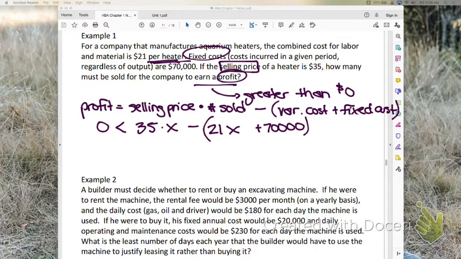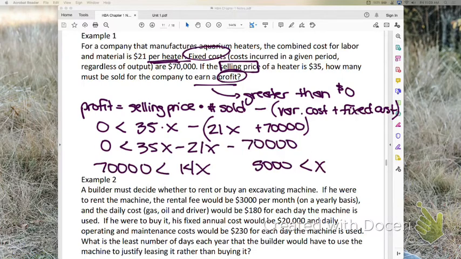Now, does it matter if I actually equal it to 0? I could, right? And I could just word my answer such that we must sell more than this number, where this number hits 0. I could do that very easily. Do you need help solving? Solve that real quick.